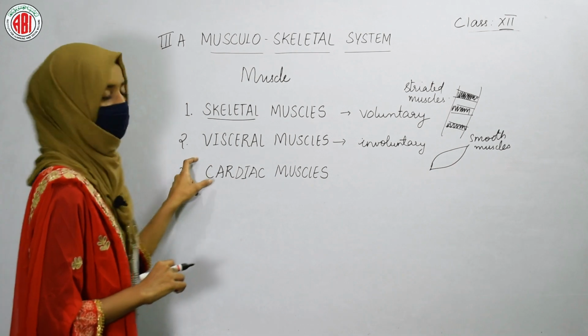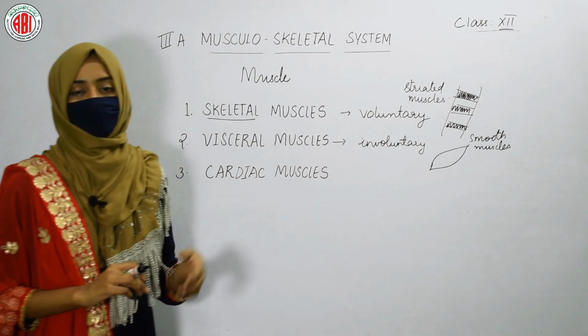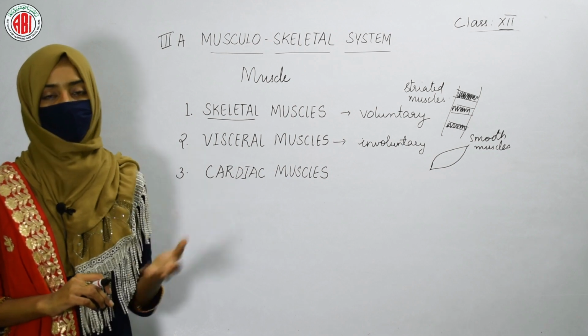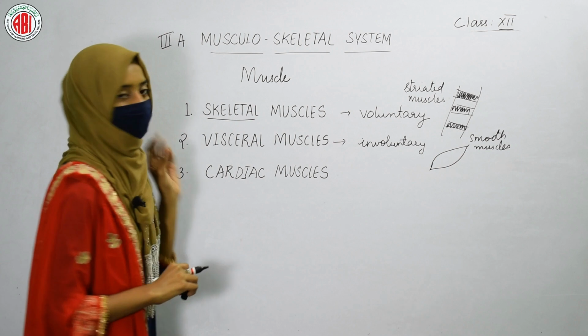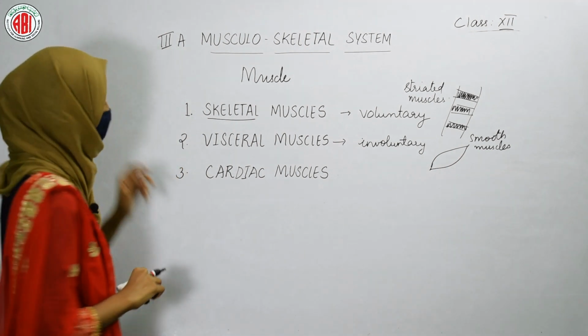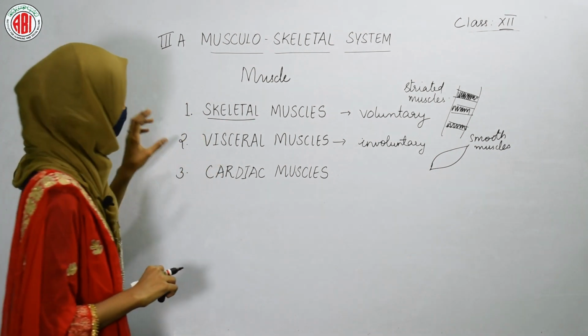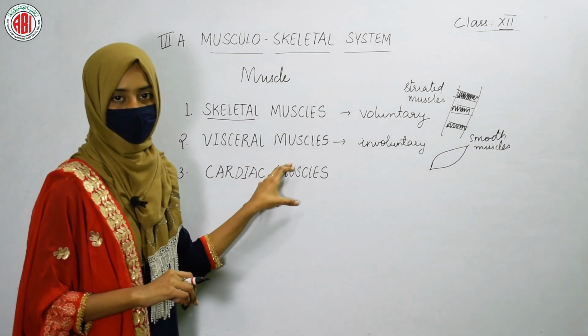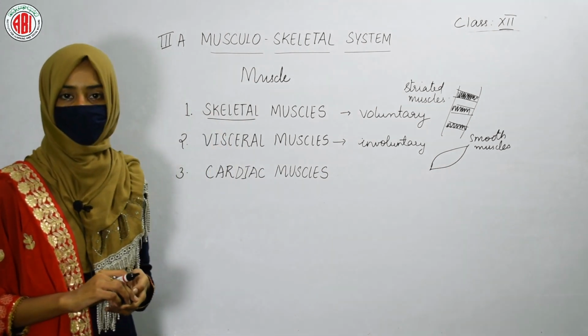Now the next one is cardiac muscles. Cardiac is a word used to say anything about the heart. So cardiac refers to the internal organ called the heart. The muscles present in our heart, we call cardiac muscles, and these muscles are also not under our conscious control.